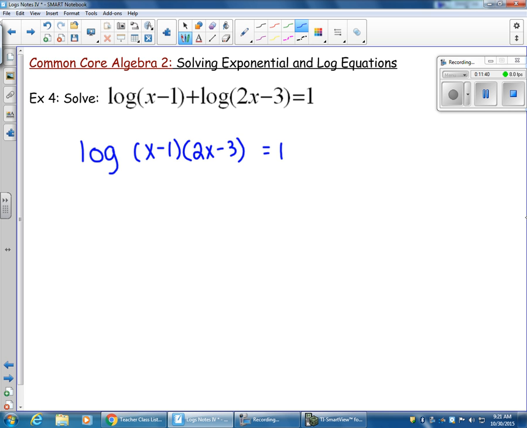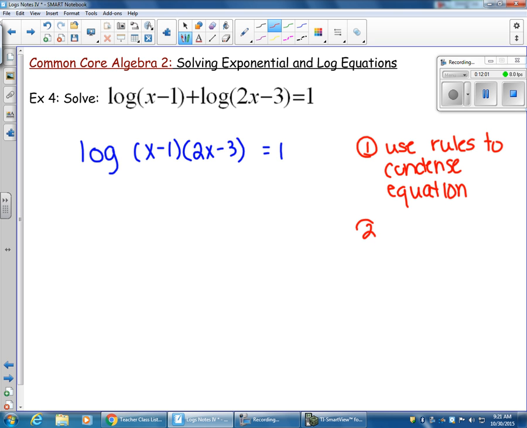Okay, so if you want the steps again written down: use rules to condense the equation. The next thing we're going to do is rewrite in exponential form.